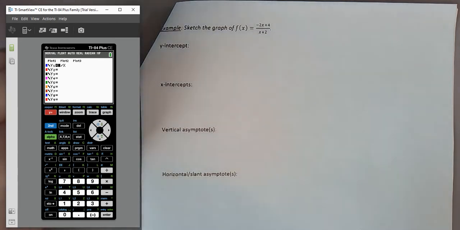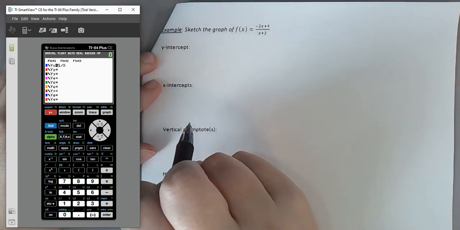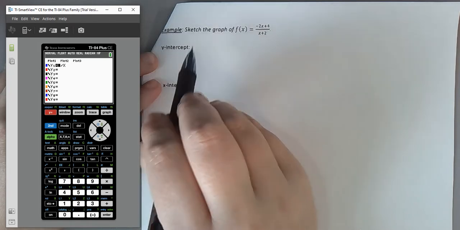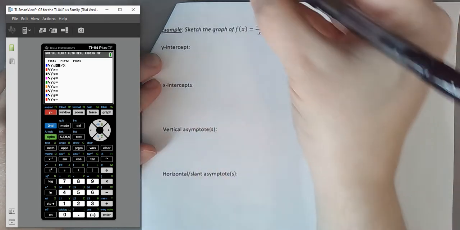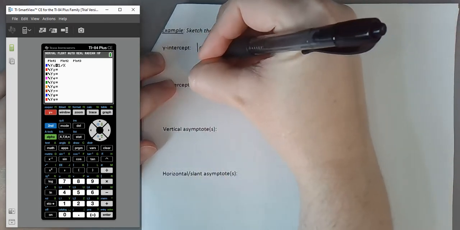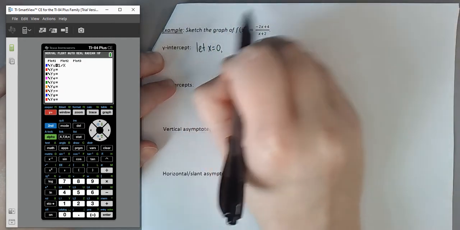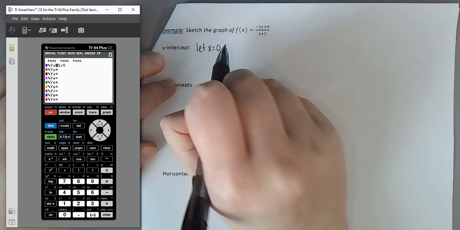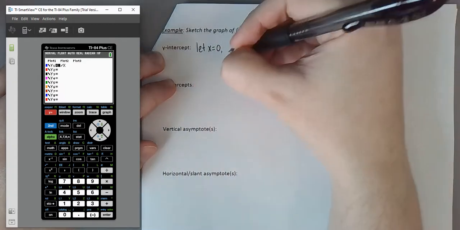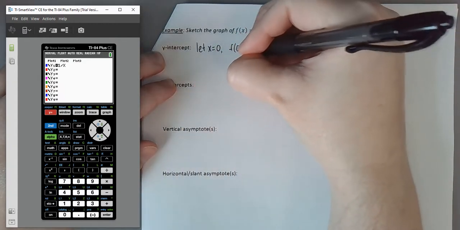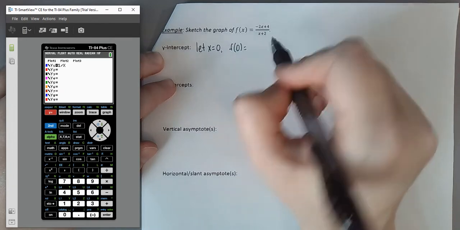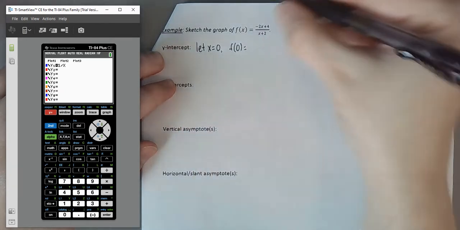Okay, so let's start with our intercepts. We always have the same technique for finding intercepts. So a y-intercept occurs where x equals 0. So we're going to let x be 0. If we have function notation, that means the same thing as subbing in f of 0. Which means we're going to take the rule for f and we're going to replace the inputs with 0.